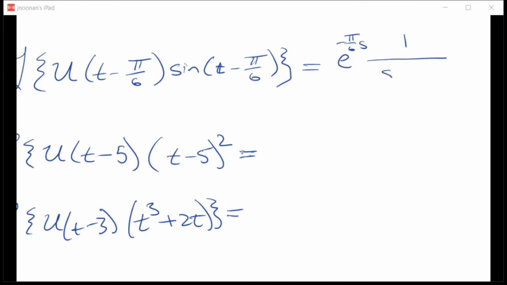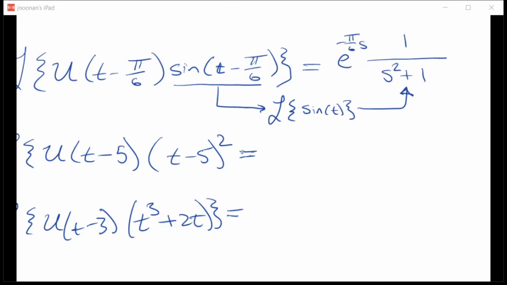Yes, 1 over s squared plus 1. It's kind of confusing. So what you could do is take this and say we're going to do the Laplace transform of sine of t. And that's what ends up there. Very good.